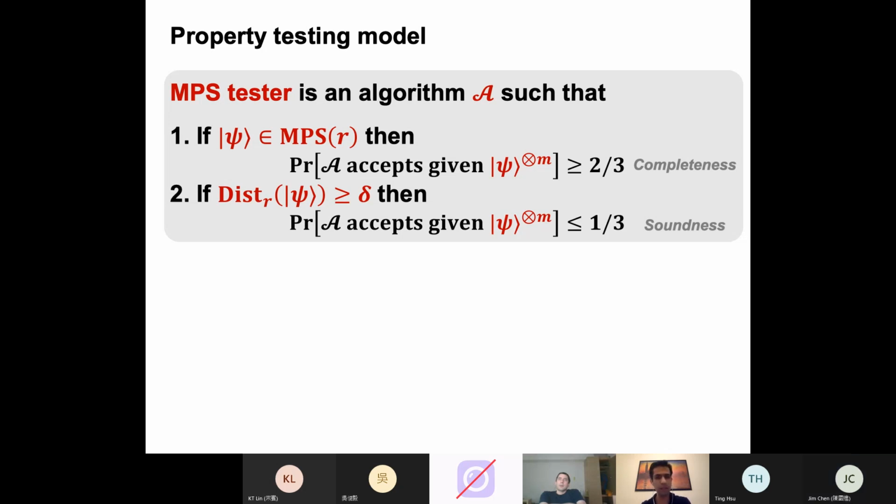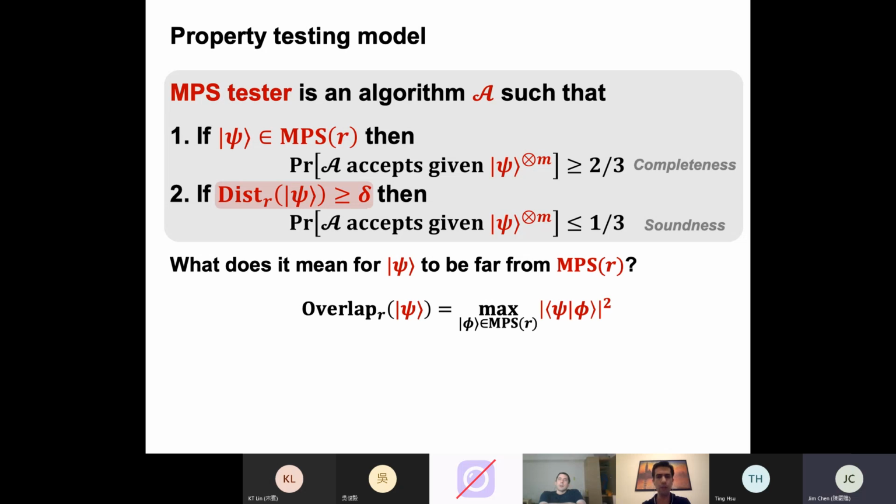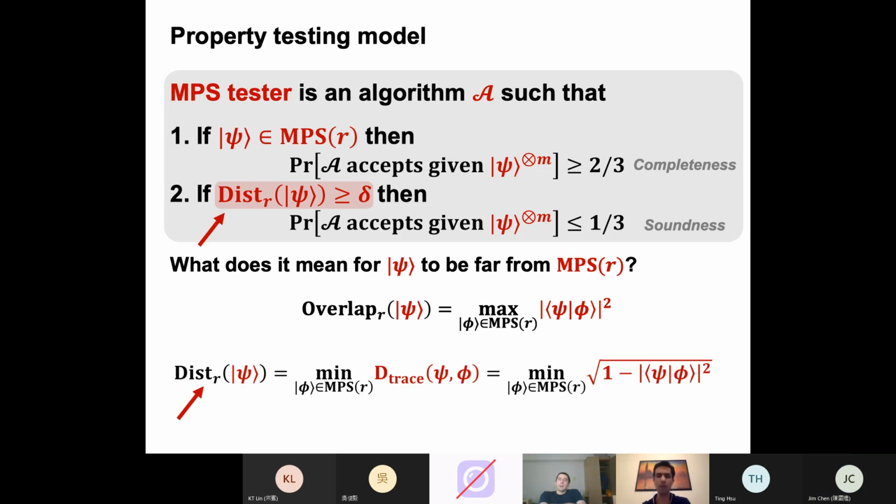Now, the only remaining ingredient that I need to tell you about is how we measure the distance to MPS. There are two natural ways to do this. One is by finding the maximum overlap between a state and MPS R. And the other is to find the minimum trace distance between psi, now thought of as a density matrix, and states in MPS R. As you see, these two notions are actually related to each other, and I'll switch between them throughout the talk.